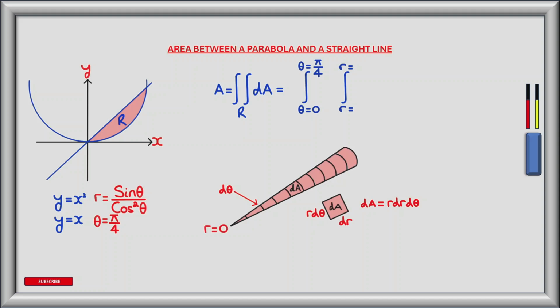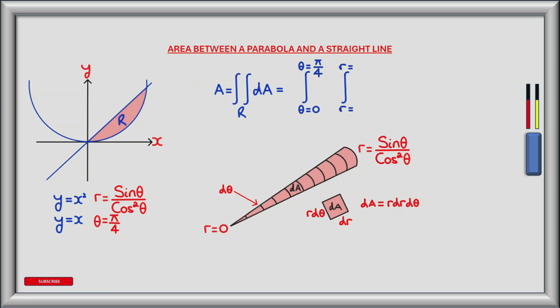When we sum or integrate along the radial distance r, we begin at the origin and travel along the parabola until it intersects with the straight line. So we begin at r equals 0 and end at r equals sin theta divided by cos squared theta.